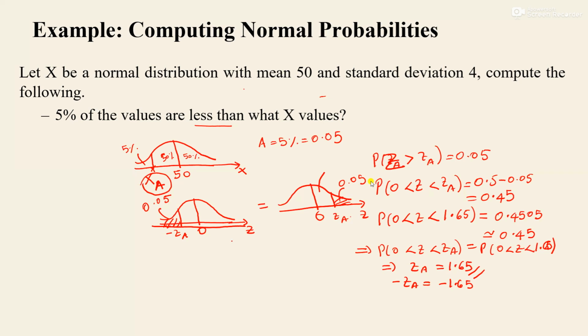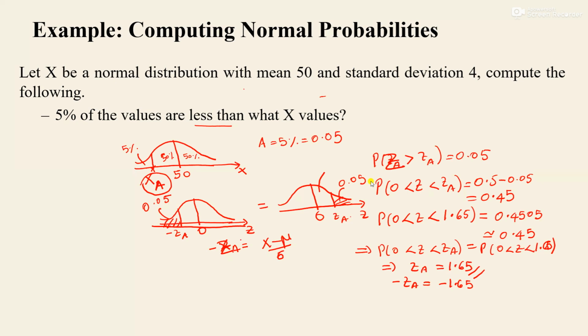Right? So we know that minus ZA is equal to X minus mu over sigma.